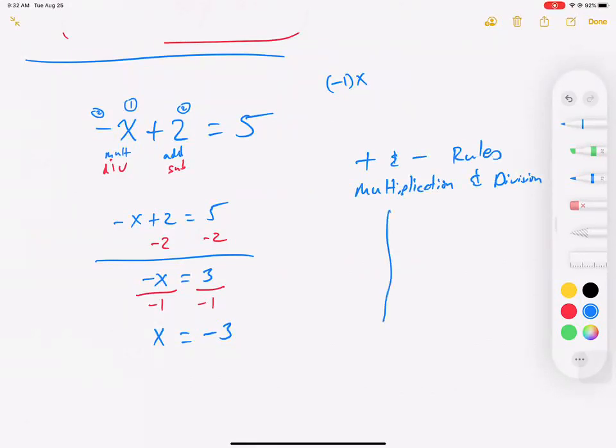Some people like drawing the table. A positive times a positive gives you a positive. A positive and a negative, you're still negative. A negative and a positive, you're still negative.